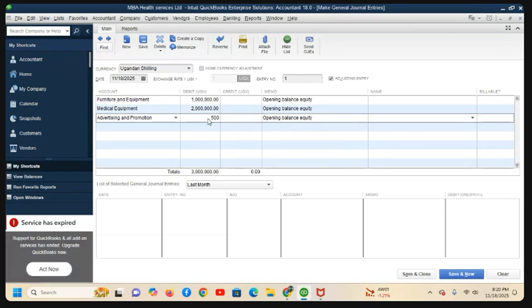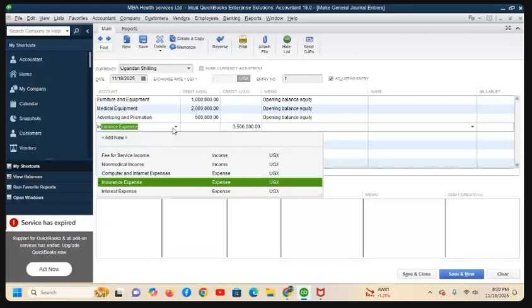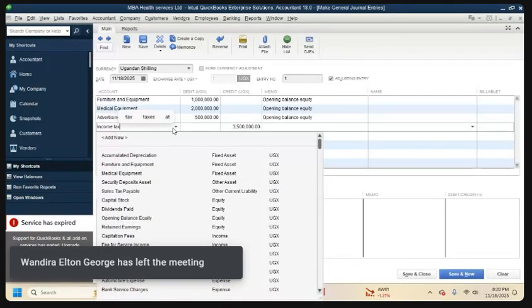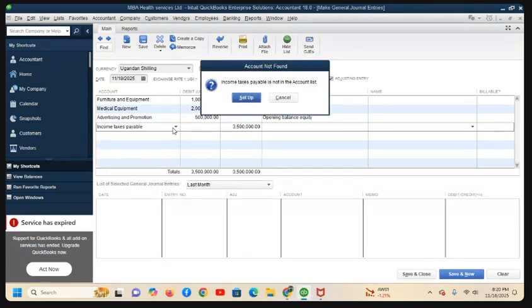Maybe this is 500,000. So I can also have some liabilities like income tax payable. Remember, this is not in the system. I can just press the enter button twice and go to setting it up.